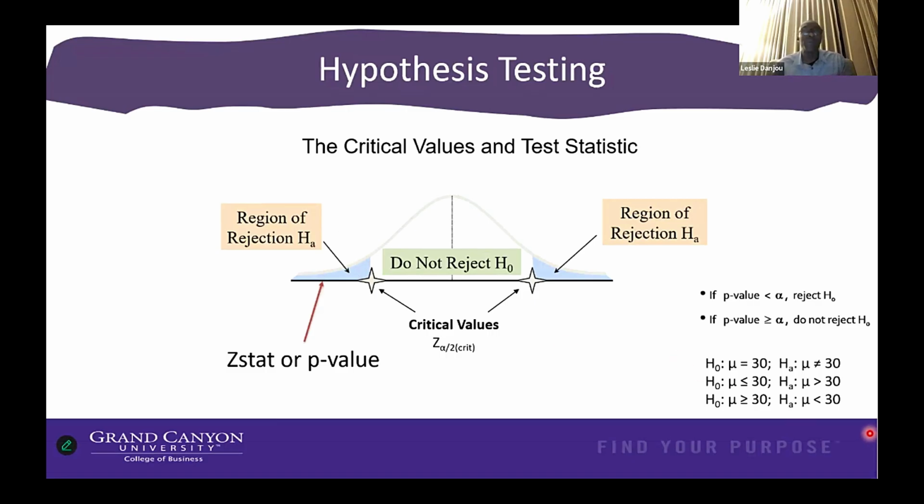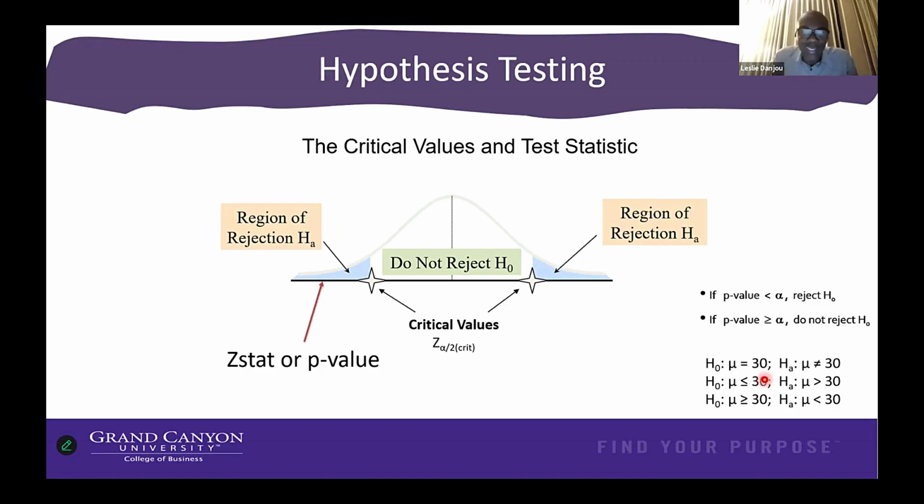You will hear a claim like it is less than 30, it is reduced by 30, or it is decreasing by 30. Any claim that makes that kind of statement represents just a left-tailed test. If you see something like it differs, that represents a two-tailed test.